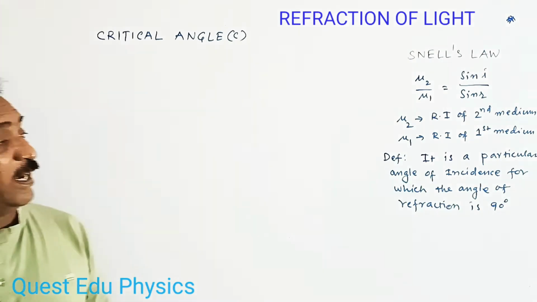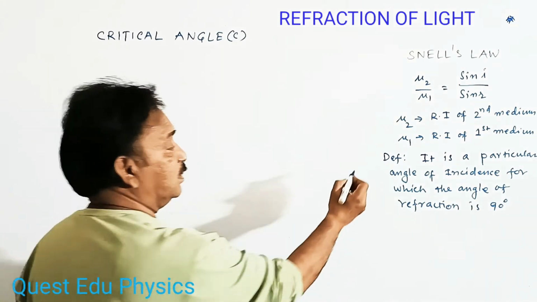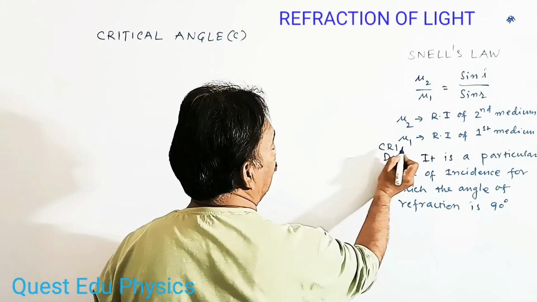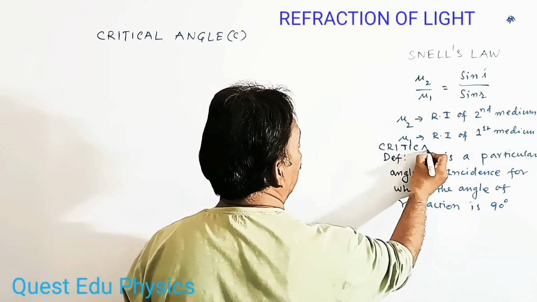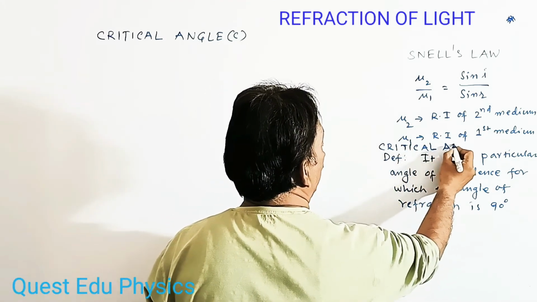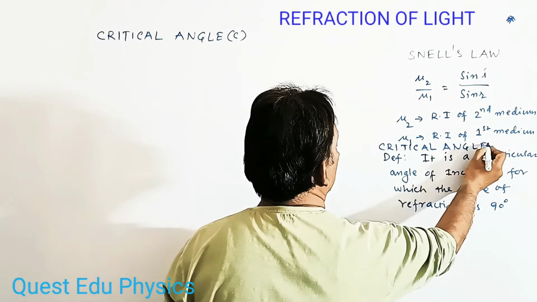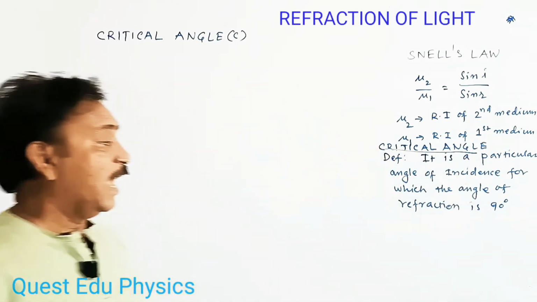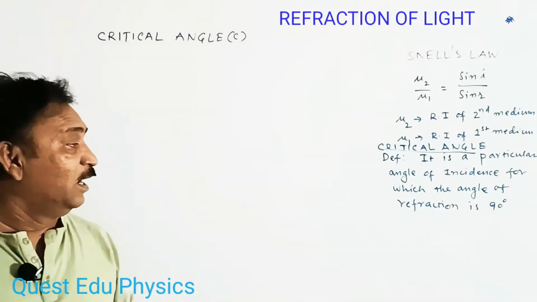It's the definition of the critical angle, students. What is the critical angle? It is a particular angle of incidence for which the angle of refraction is 90 degrees.